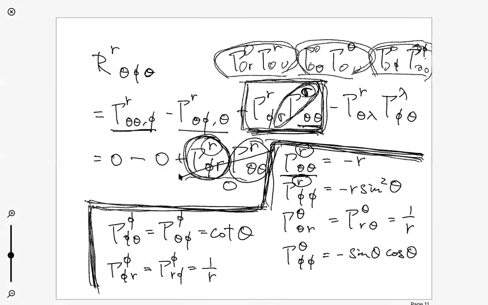But what about the last term here? Again, if you remember, these two lambda indices contract, which means that it's again a summation, something like this at the top here.